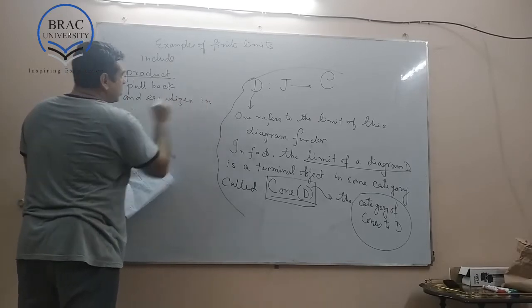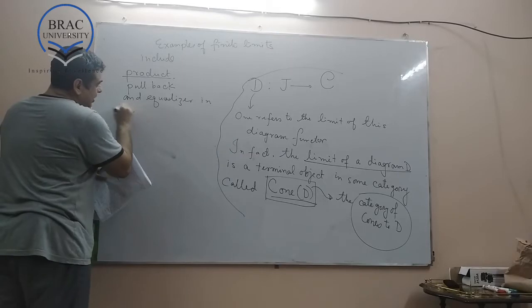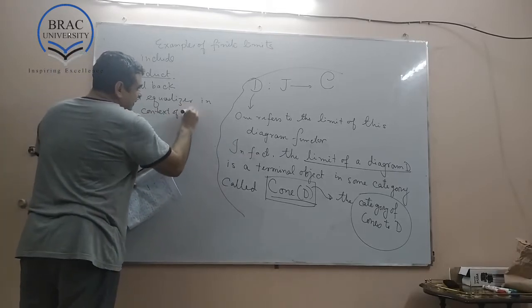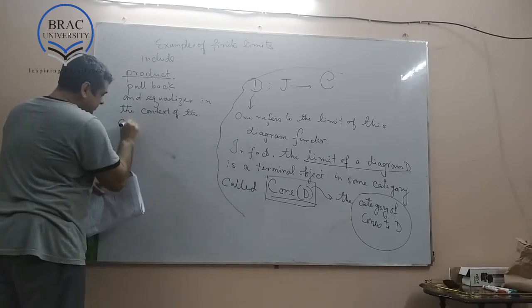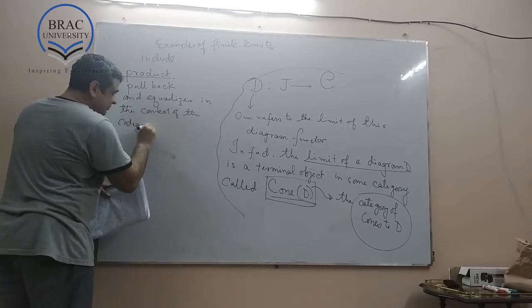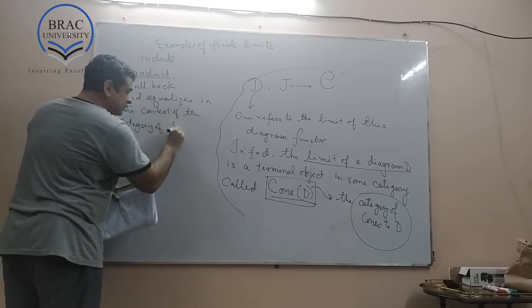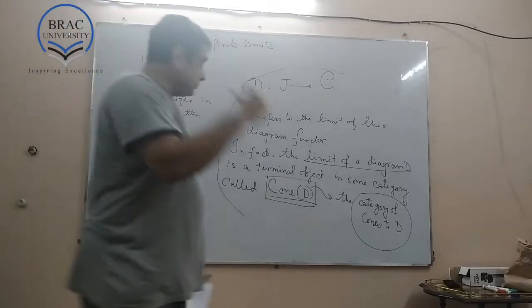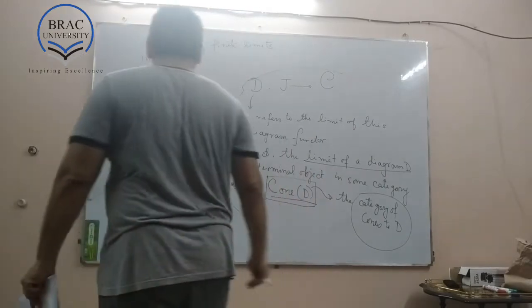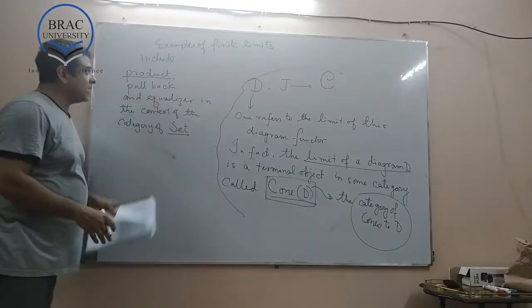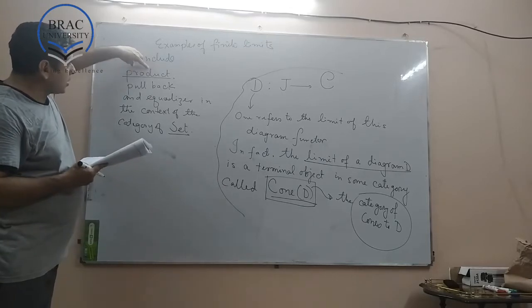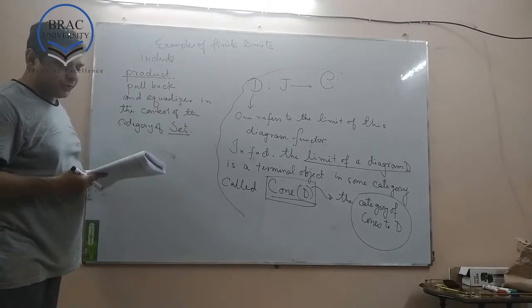In the context of the category of sets, these are all finite limits: product, pullback, and equalizer.